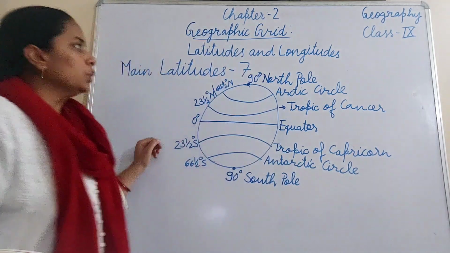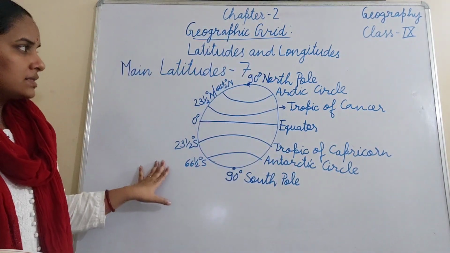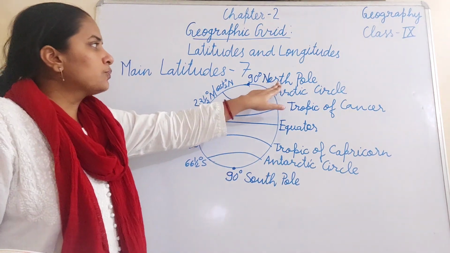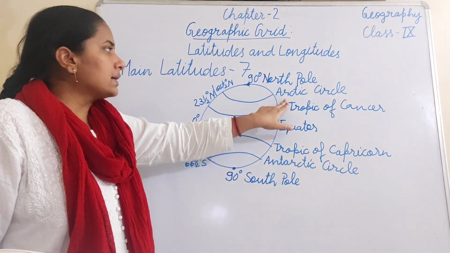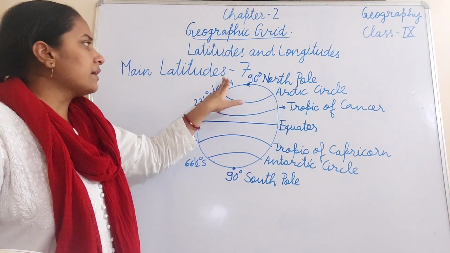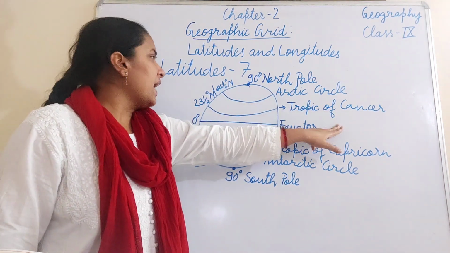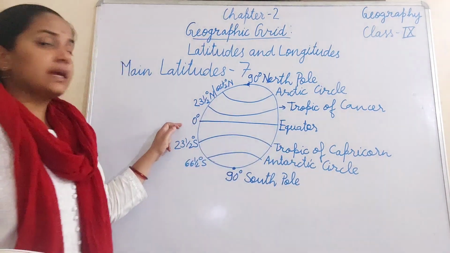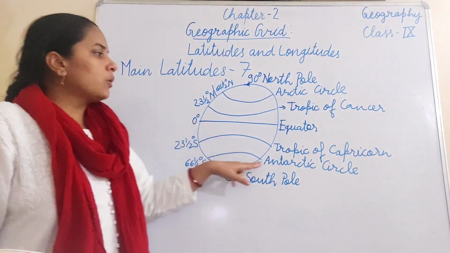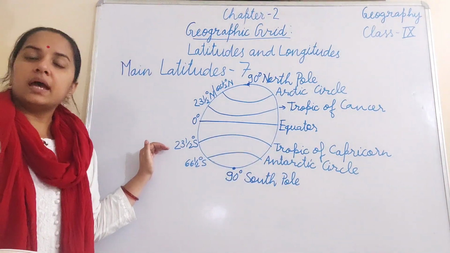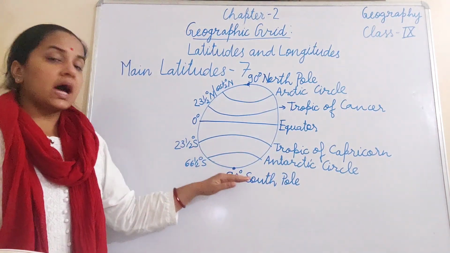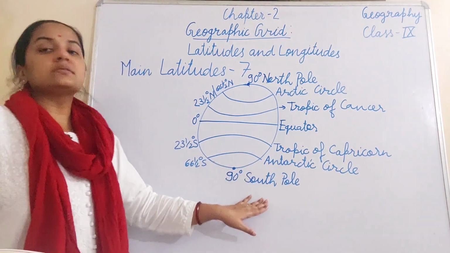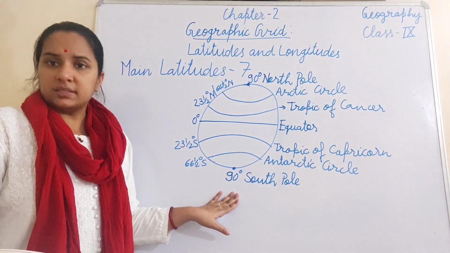So in this way, you can see these are the 7 important lines of latitude: North Pole 90 degree north, Arctic Circle 66.5 degree north, Tropic of Cancer 23.5 degree north, Equator at 0 degree, Tropic of Capricorn 23.5 degree south, Antarctic Circle 66.5 degree south, and the South Pole 90 degree south.